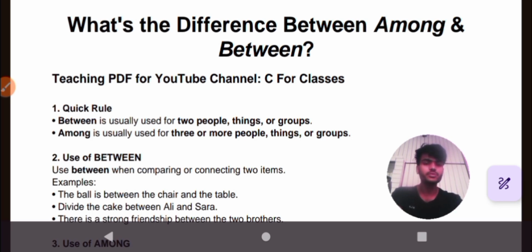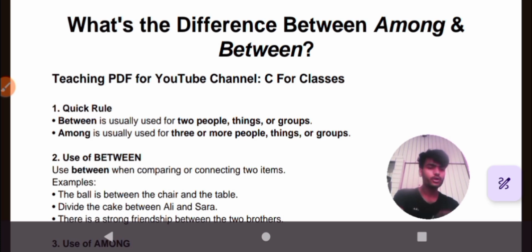Between is usually used for two people, things, or groups. It means when we are talking about two people, we have to use between, and it is used when comparing or connecting two items.